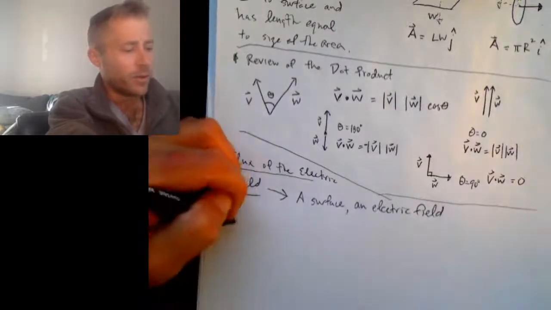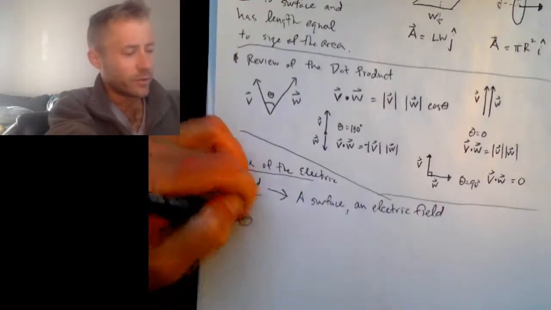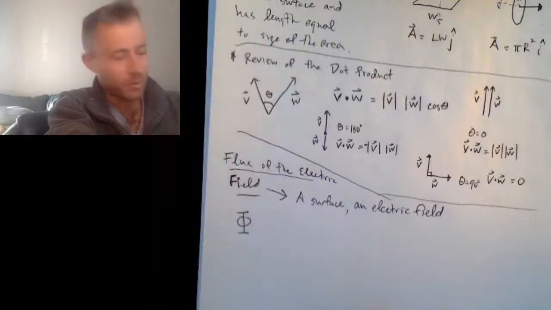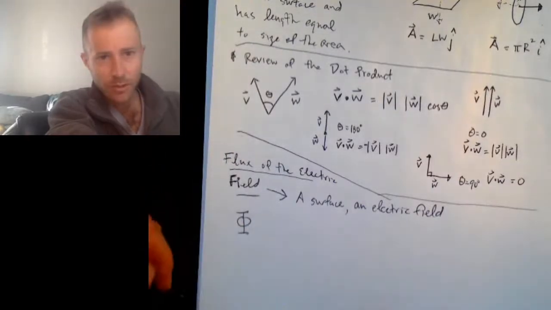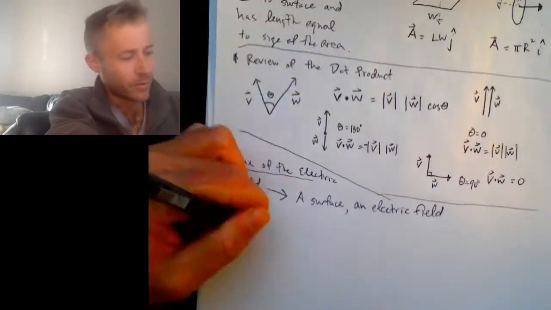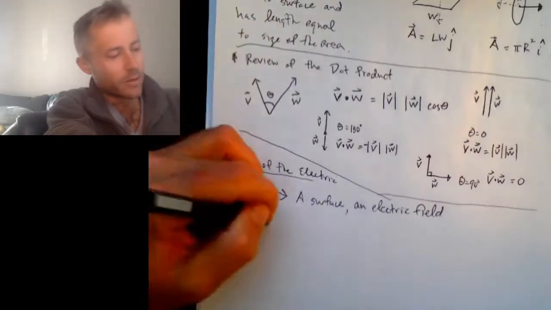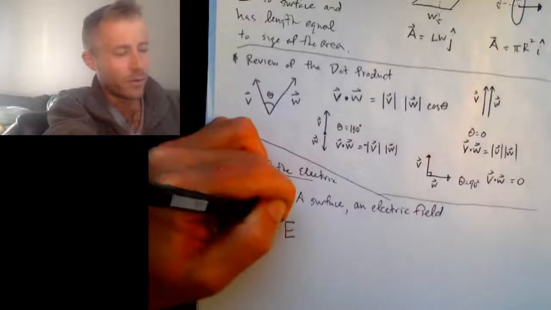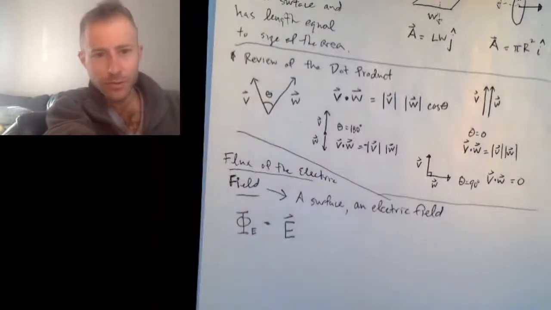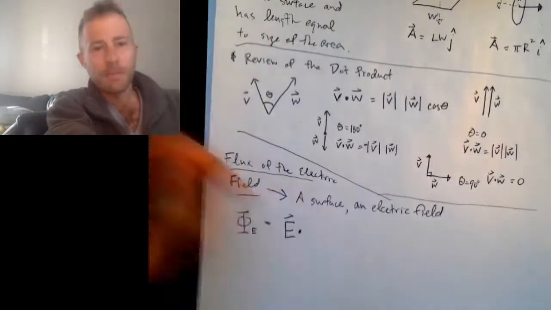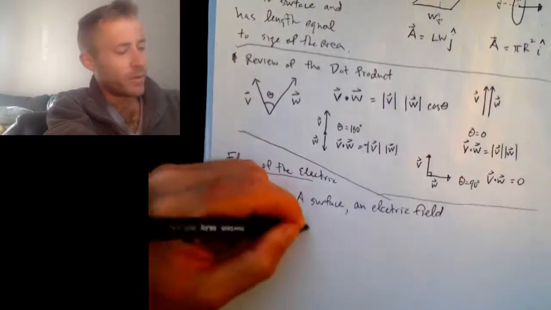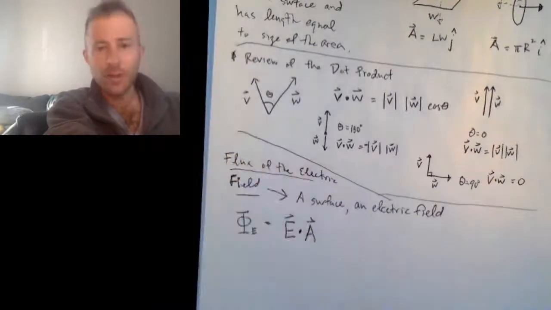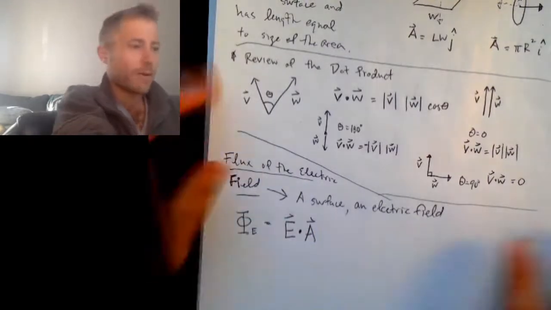And so what the electric flux is, now oftentimes flux is represented by a capital Greek letter phi, so you put phi sub E. It is going to be equal to the value of the electric field on the surface dotted with the area vector of that surface. Okay?